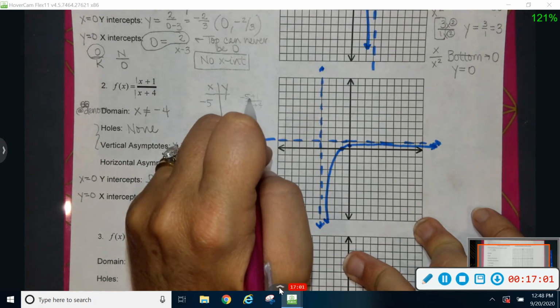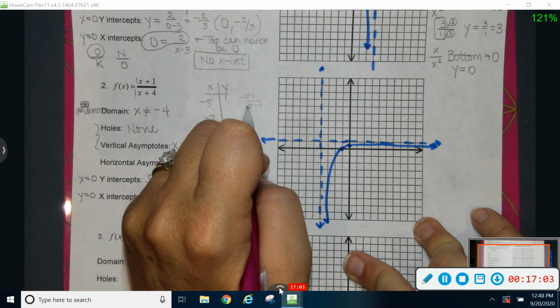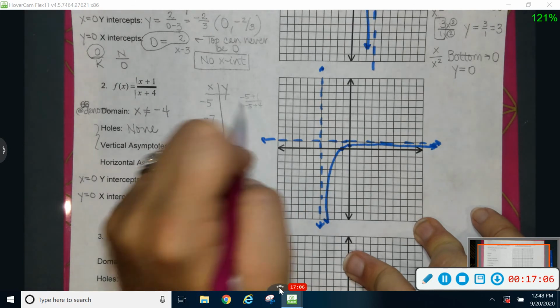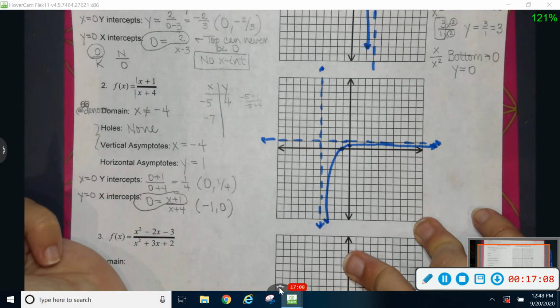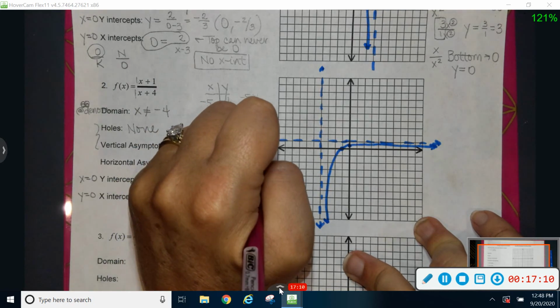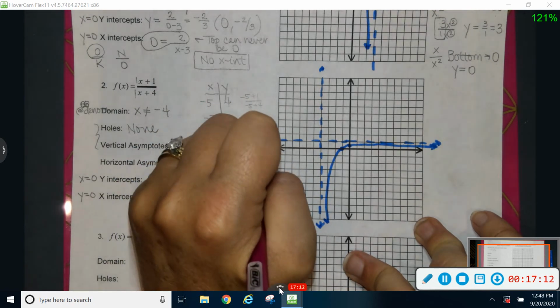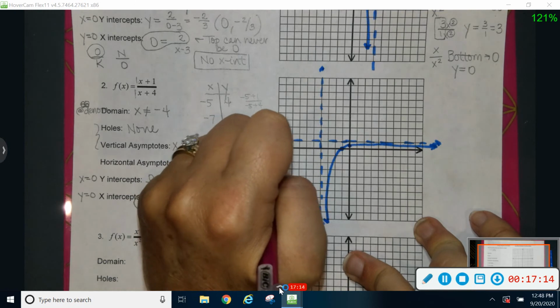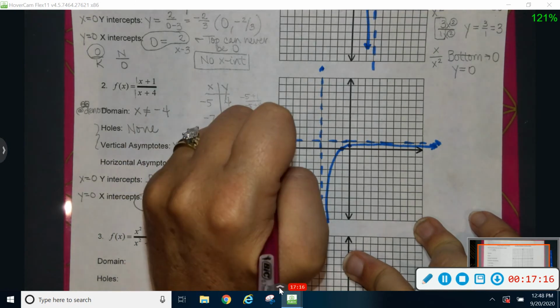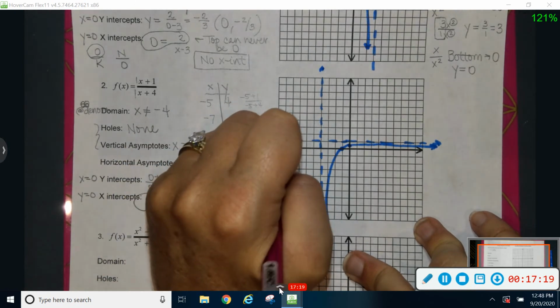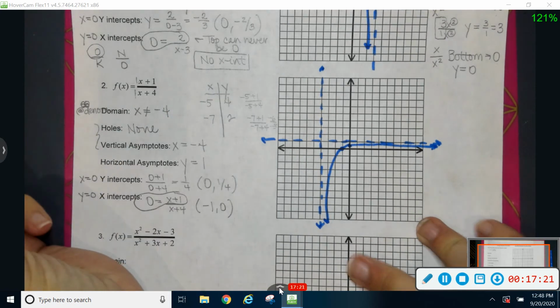So what does that give me? A negative 4 on top and a negative 1 on bottom for a positive 4. If I put in a negative 7, we get (-7 plus 1) over (-7 plus 4). So what is that? A negative 6 on top and a negative 3, positive 2.